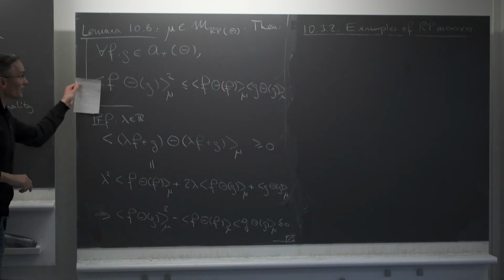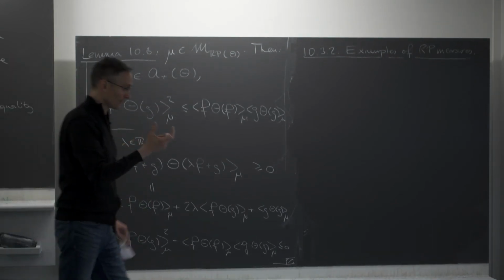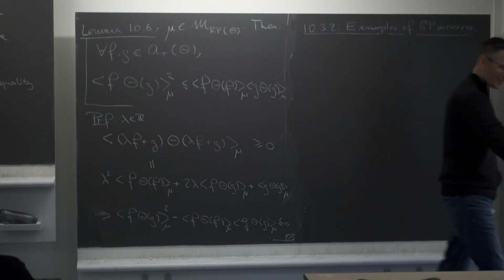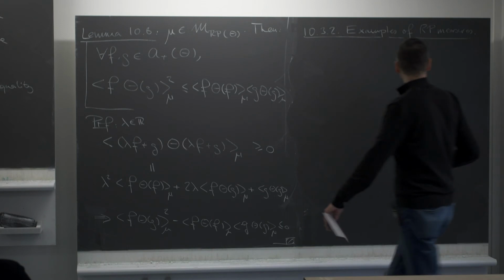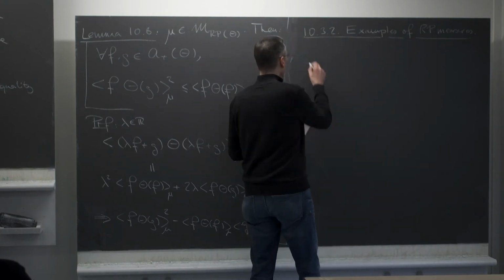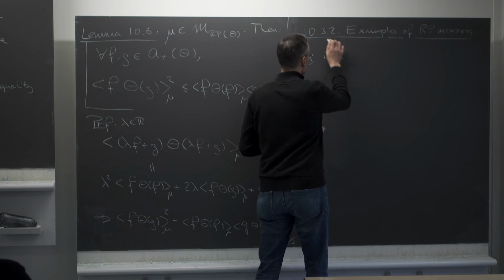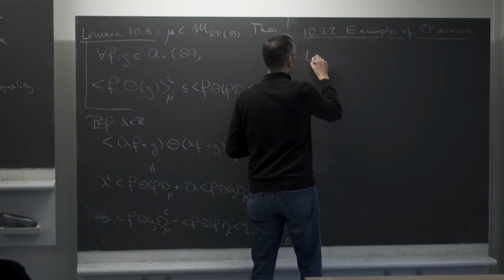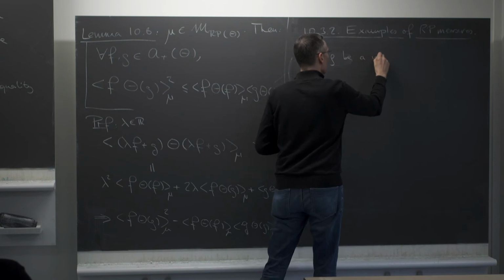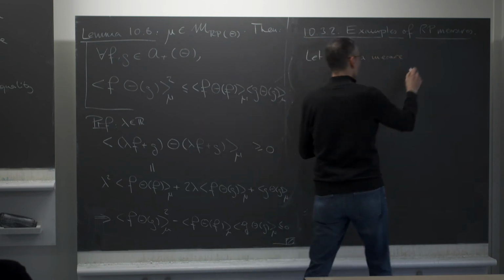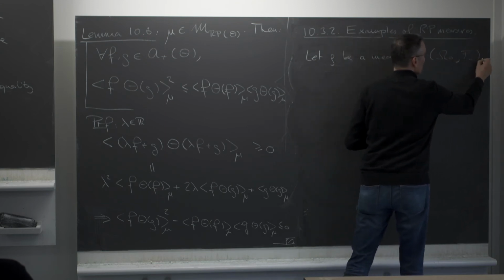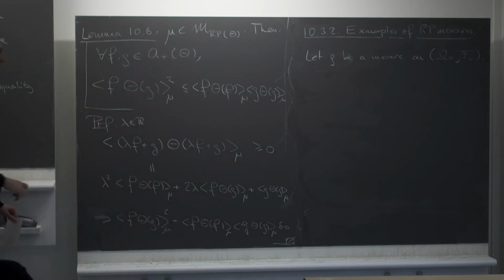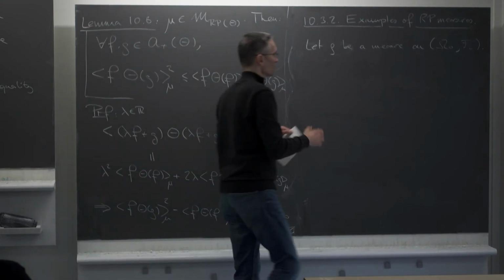To do that, on the single spin space, the set that you associate to each vertex, the possible values that each spin can take, I have to put a measure. I will call it rho. So let rho be a measure on a single spin space with whatever sigma algebra you want: discrete sigma algebra if you have discrete spins, Borel sigma algebra in general.